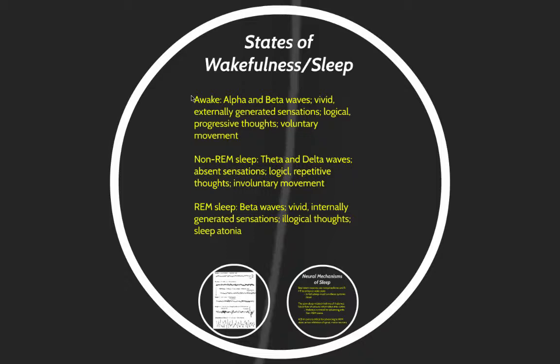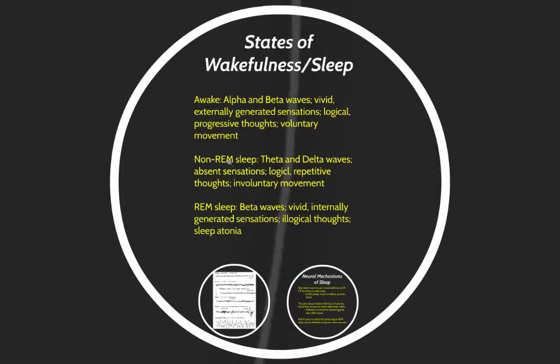During wakefulness, there are vivid, externally generated sensations, as you watching this video, so hopefully you are still awake. You will also hopefully be having logical, progressive thoughts, and wakefulness is characterized by voluntary movement.